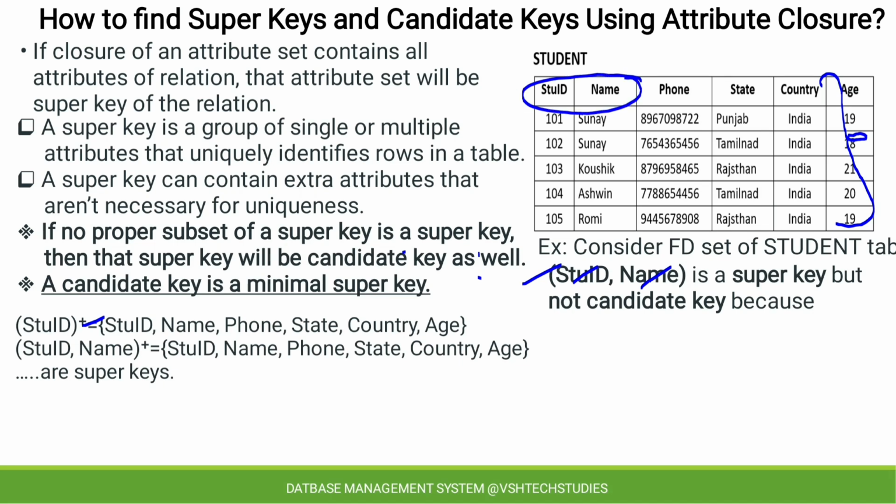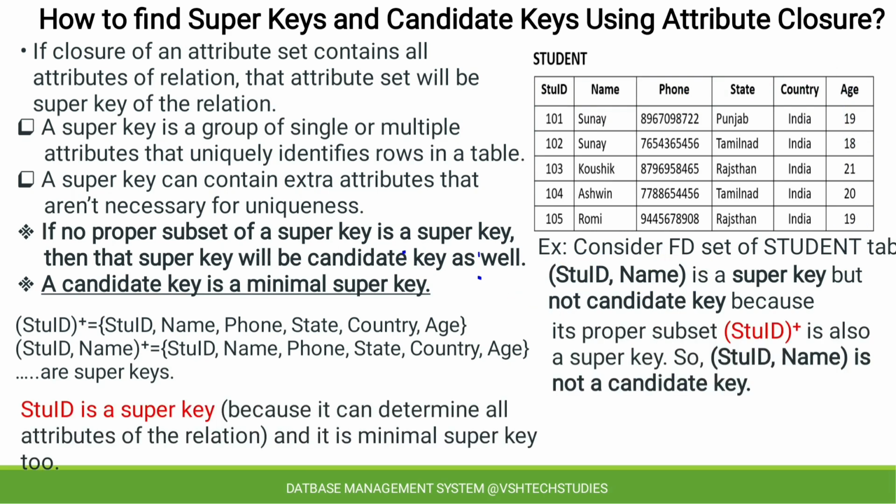So the values of these two attributes can determine the values of the other attributes also. Hence student ID comma name is a super key, but it is not a candidate key, because the proper subset of this, which is student ID, is also a super key. Hence student ID, name is not a candidate key.